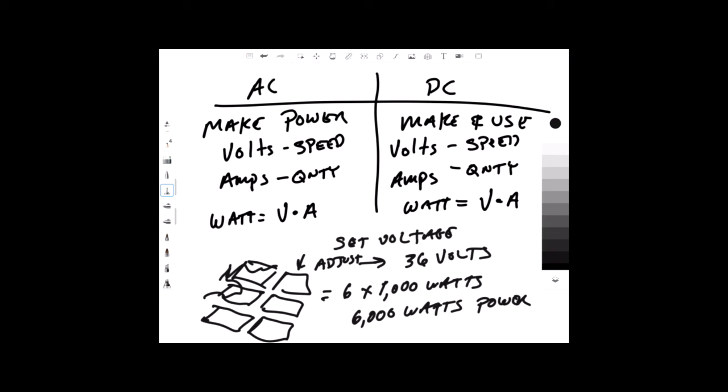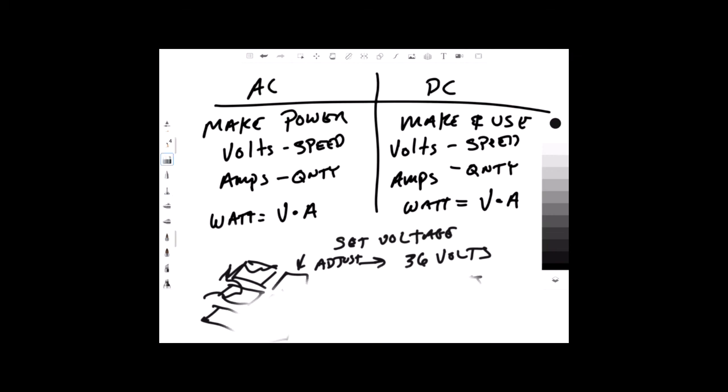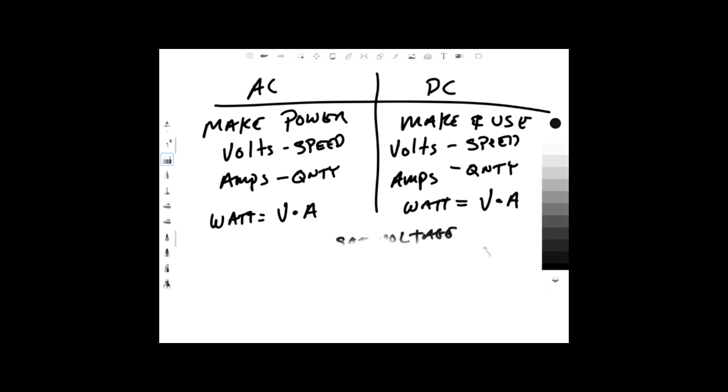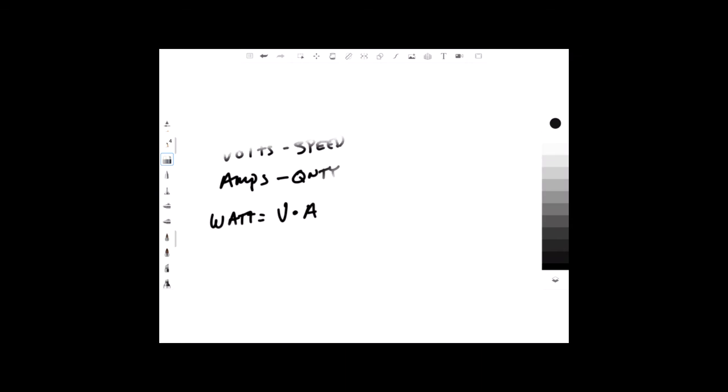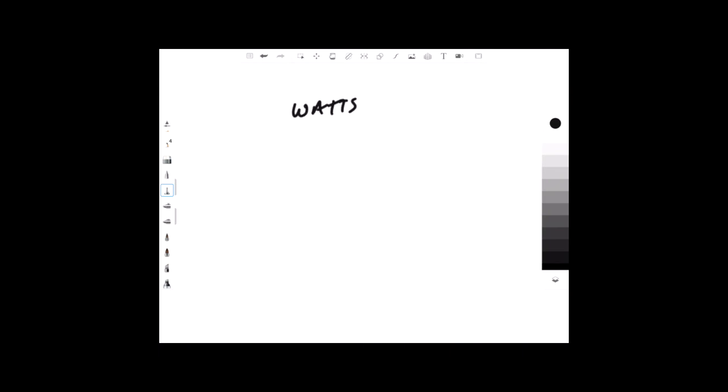So when we think about this, let me just erase this. We can find out what the current is of each one, the amps, by looking at basic math. So we'll say watts equals volts times amps, right?